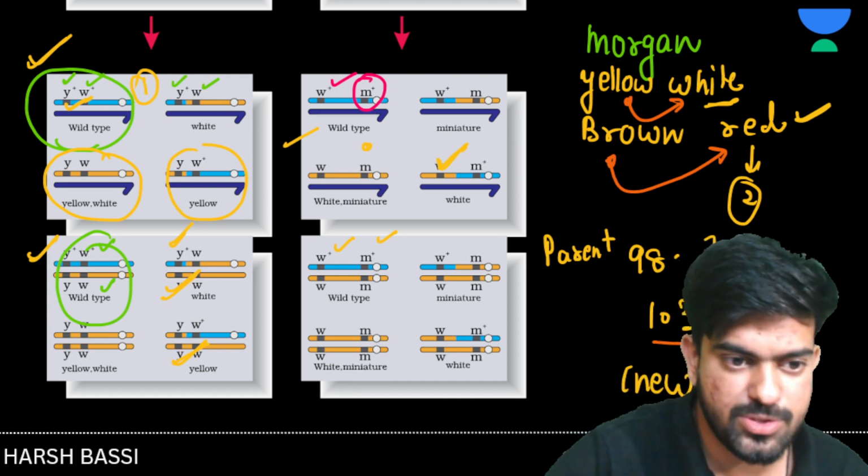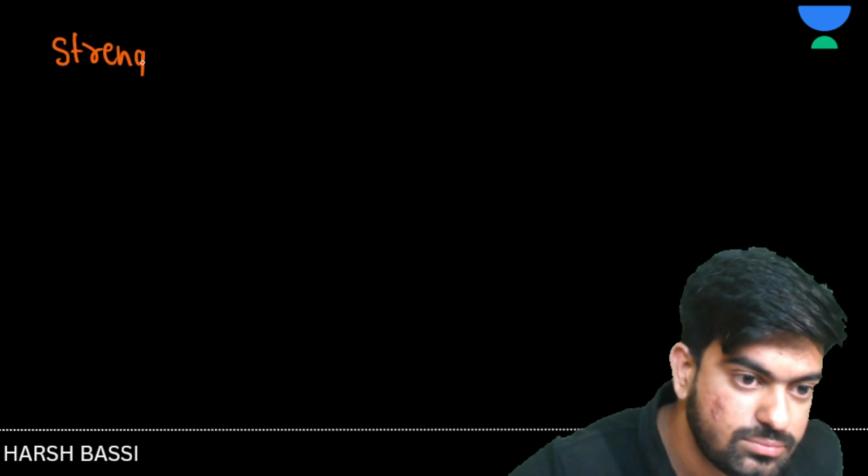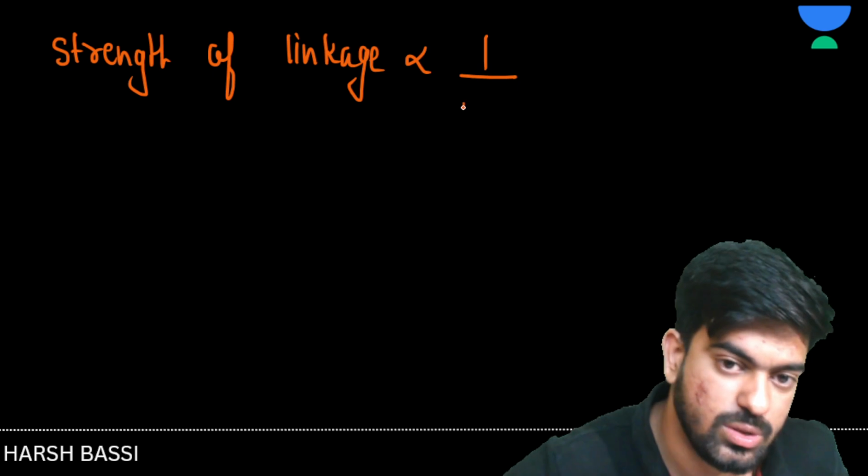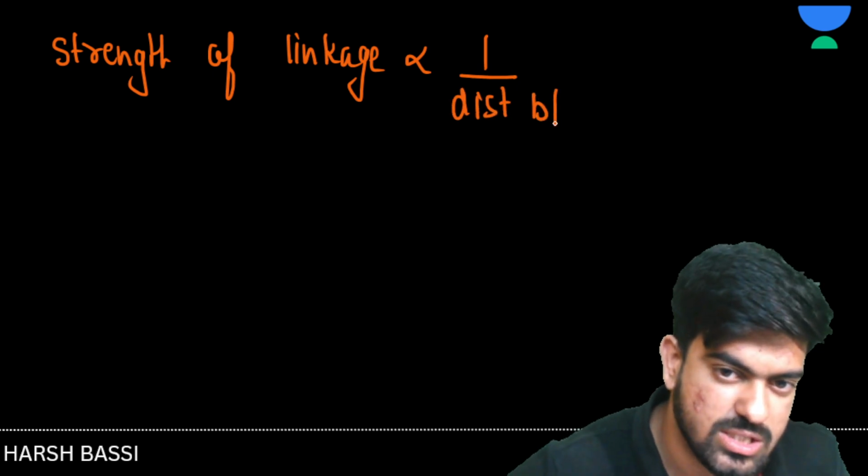But in cross 2, Morgan observed that if we increase the distance between the genes, then the linkage is reduced. So can I say that the strength of linkage is inversely proportional to the distance between genes? Yes or no?